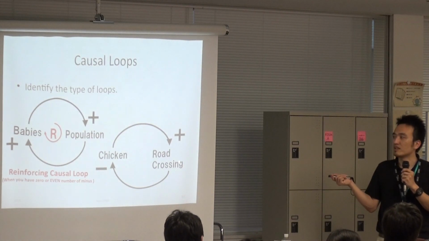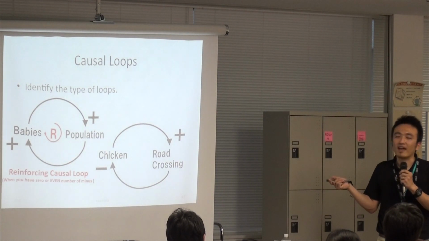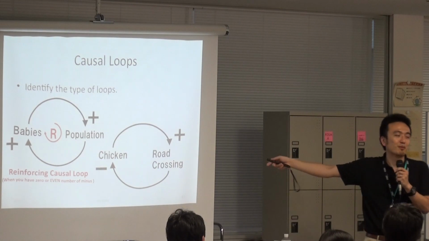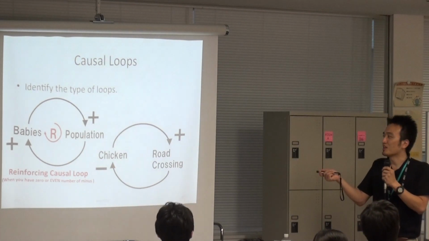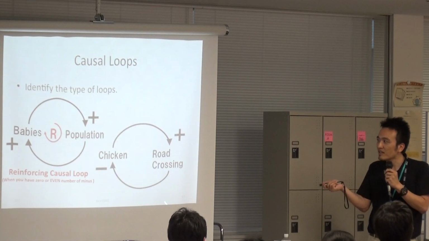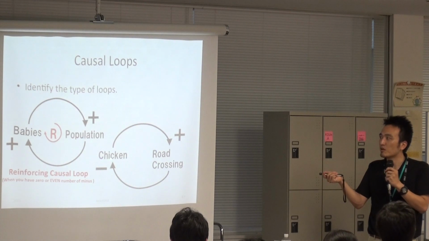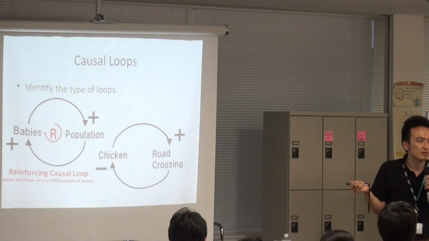So when this increases, the number of chickens decreases. So sad, I know. This wasn't made by me, it was from the book, so don't blame me for killing chickens. But when the number of chickens crossing the road decreases, it helps the chickens to increase. So that's the negative causal link.